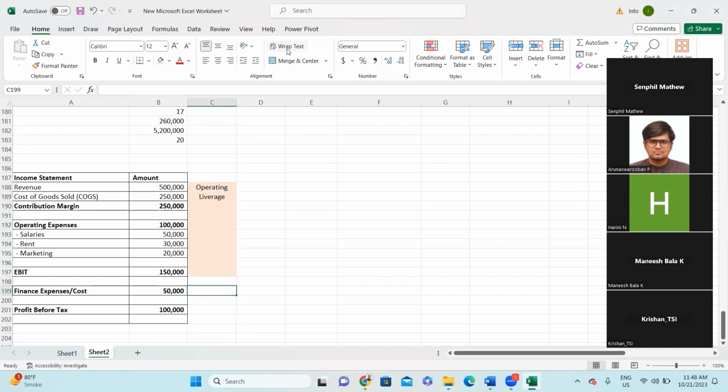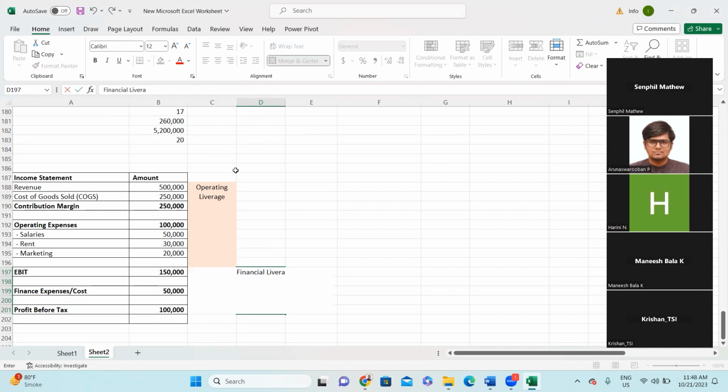And from here to here is called financial leverage.